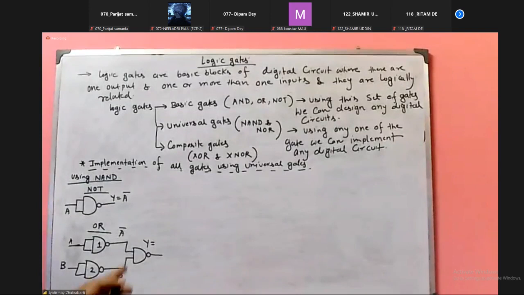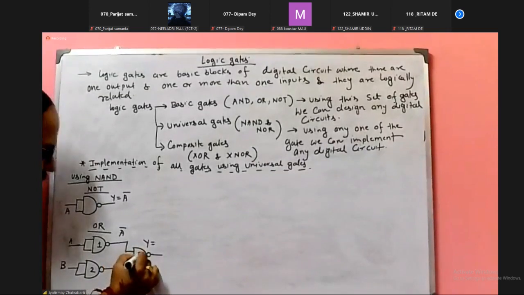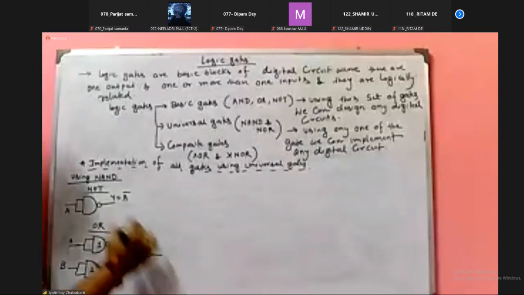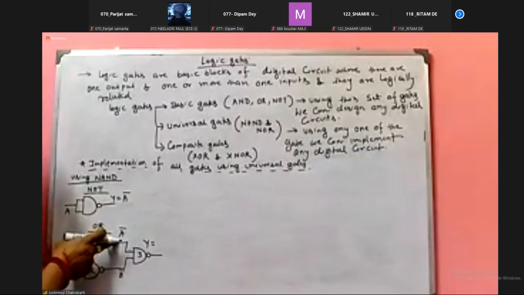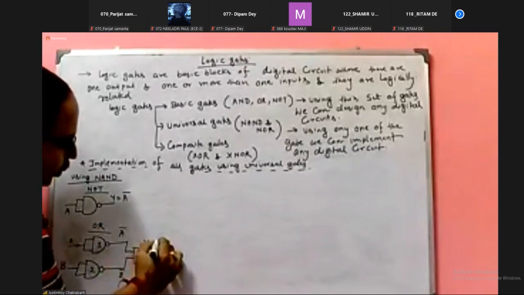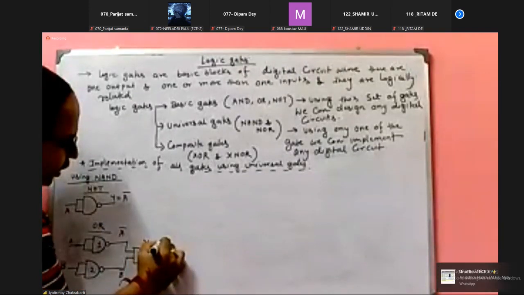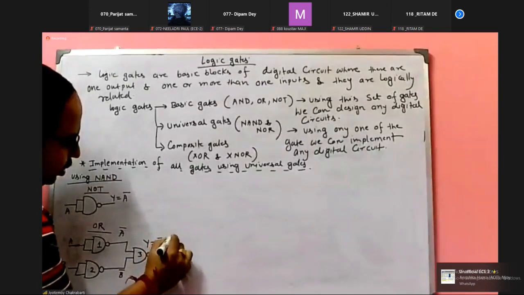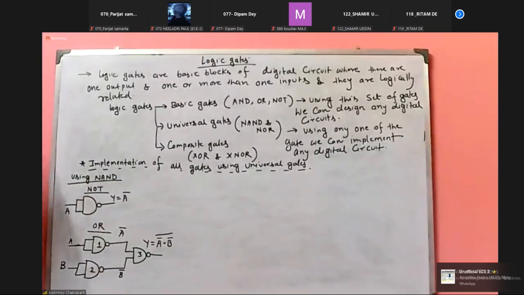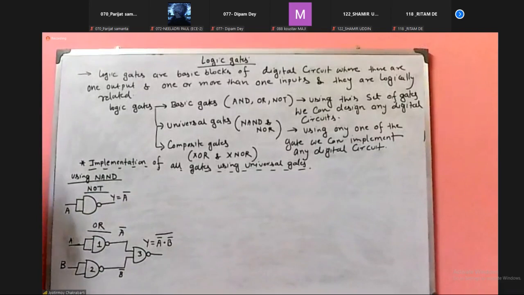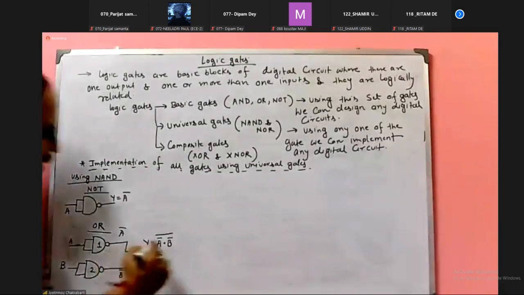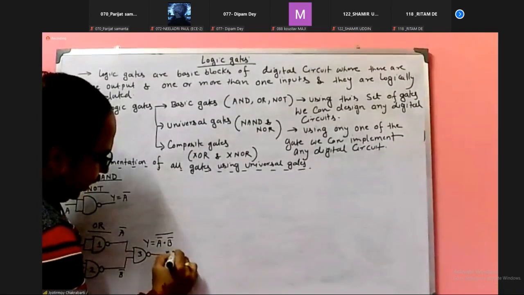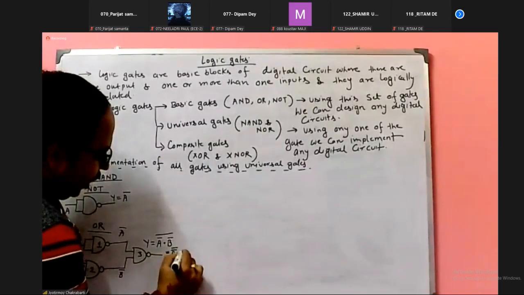Here the inputs are A bar and B bar, so the output is A bar dot B bar whole bar. This will be A double bar plus B double bar.